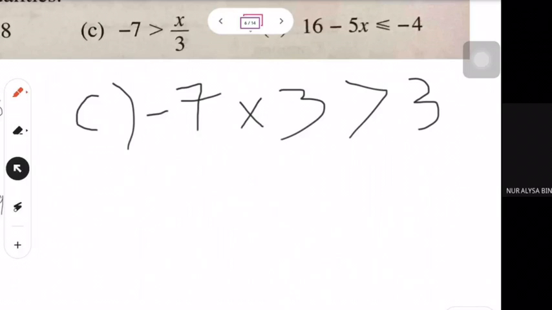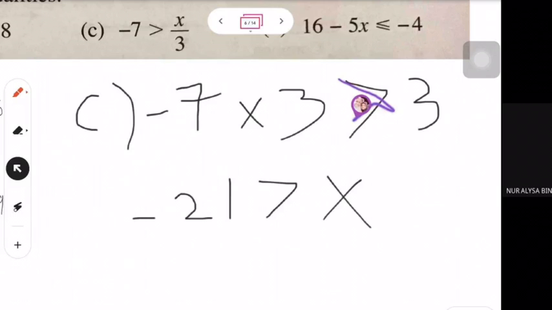Okay, negative 7. What do you mean? Marisa, cuba Marisa baca. Read your yang atas tu. The first line. Marisa perasan tak? Tersilap tulis. Okay, dah siap?